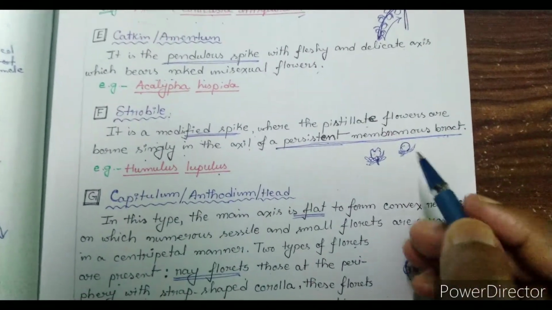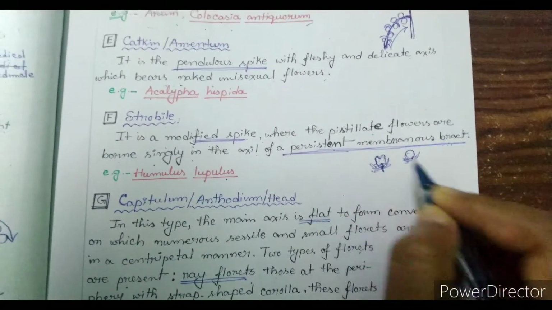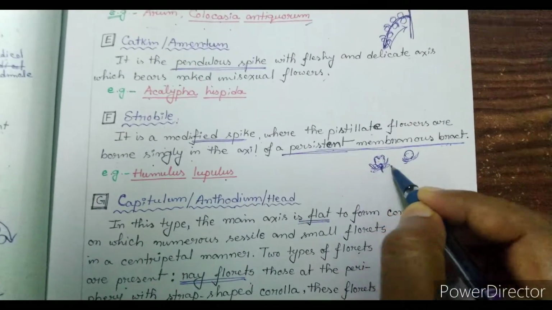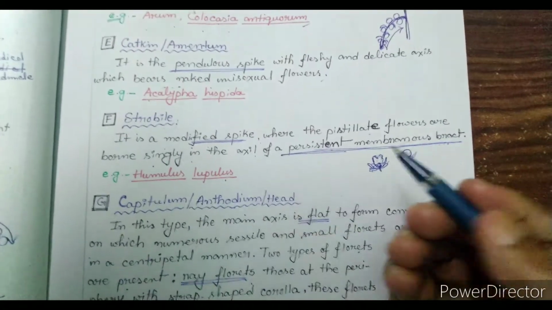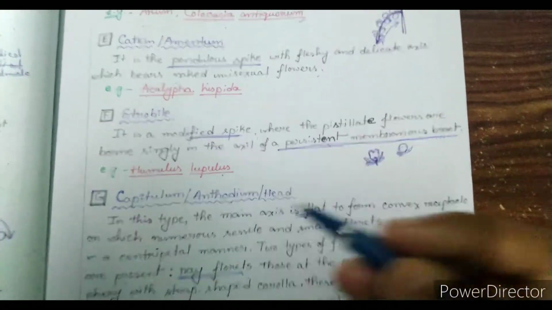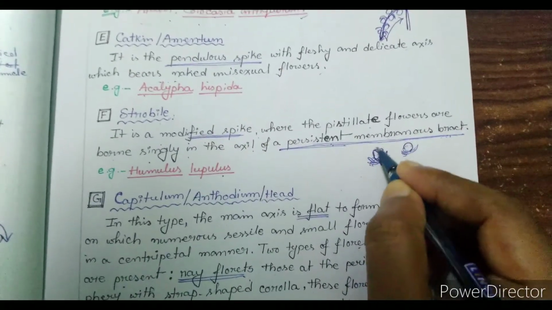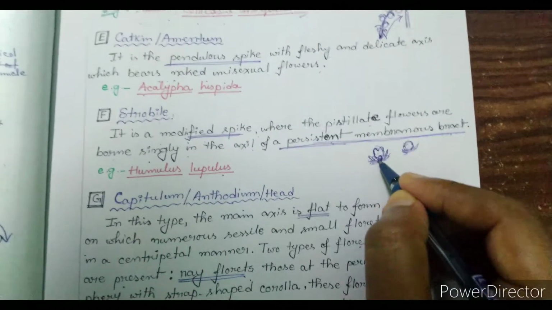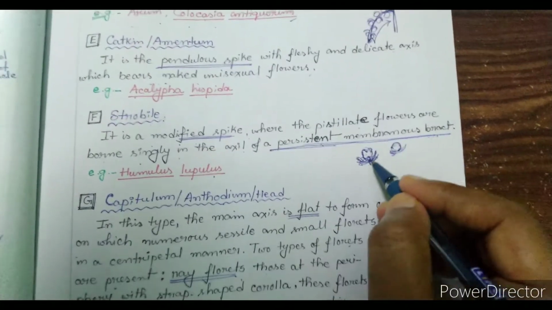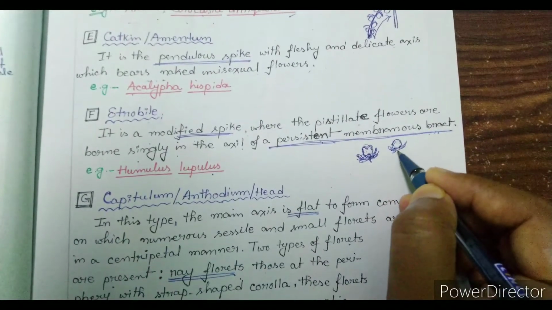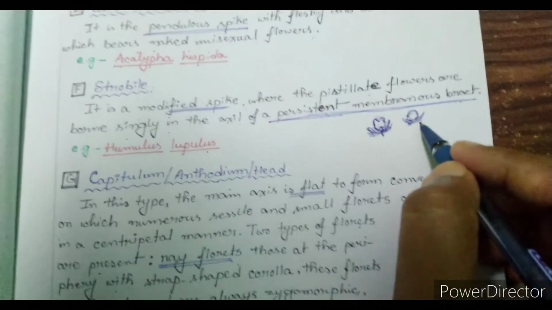Imagine a single flower with a persistent bract arising from its base. After some time the flower converts to a fruit, but the bract cannot be removed and always remains attached to the base of the fruit or the inflorescence.